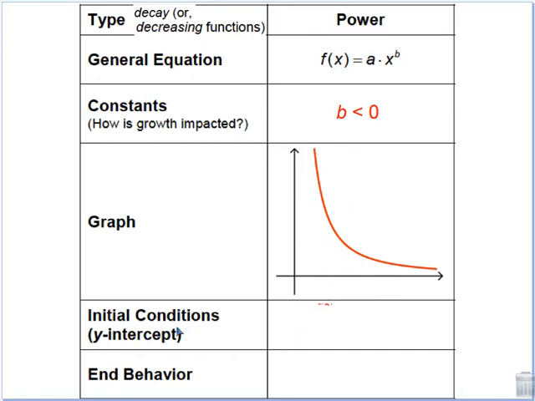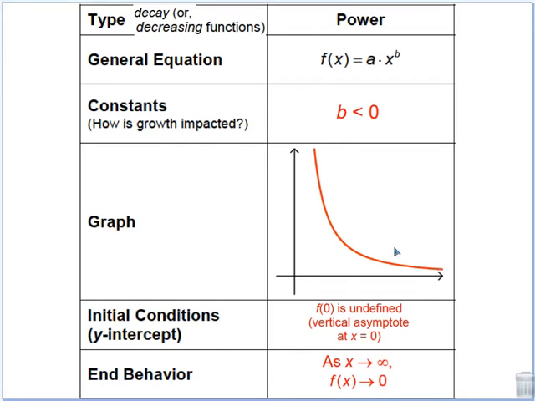And notice that your initial condition, you don't have a y-intercept. So it's undefined. You have a vertical asymptote when x is 0. And then on the end behaviors, again, as x gets closer to 0, you're going to keep increasing.